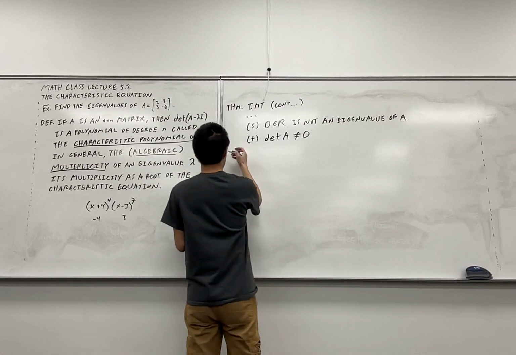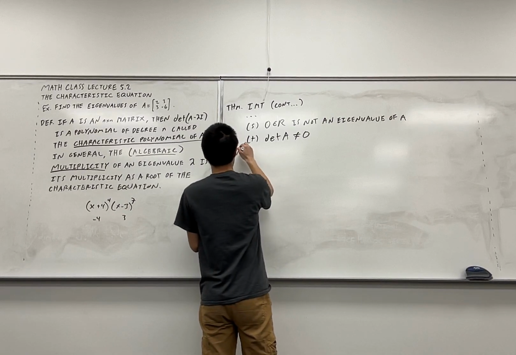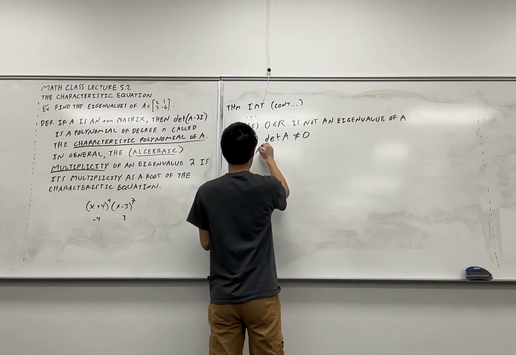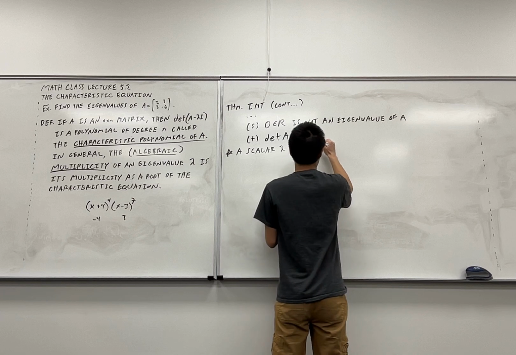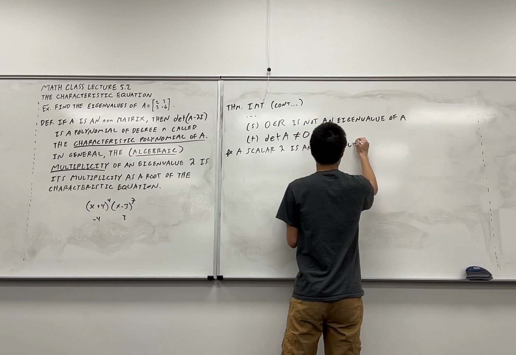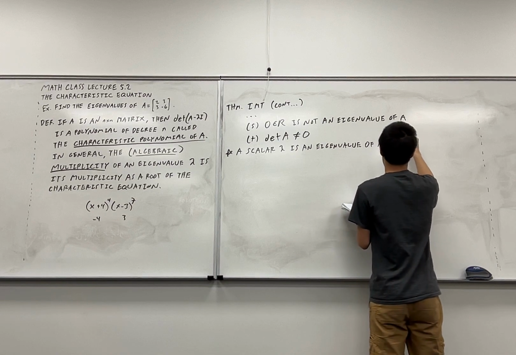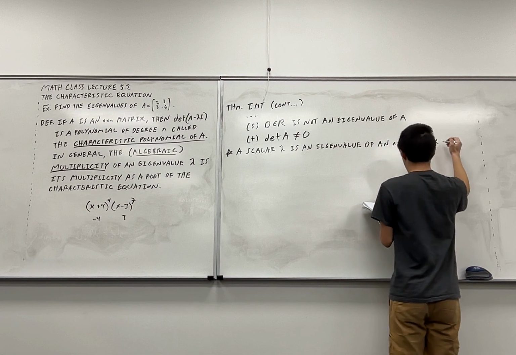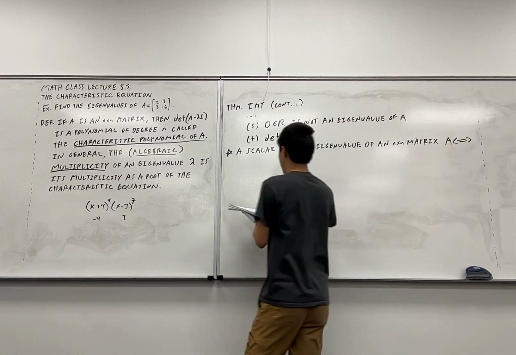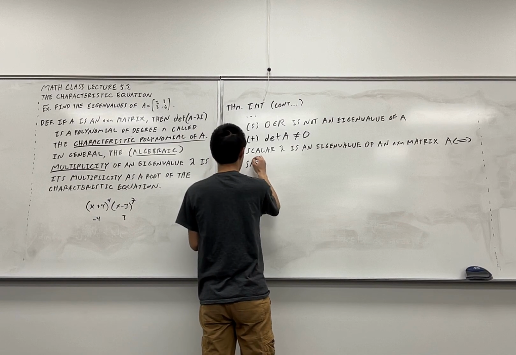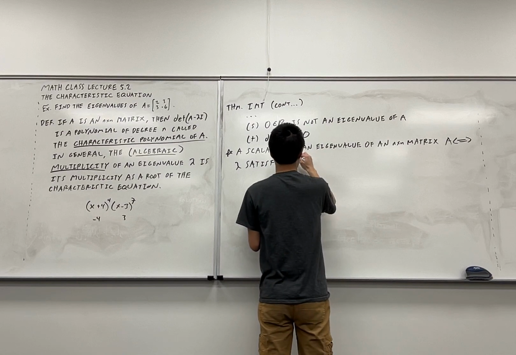I did want to leave a quick note here that's kind of helpful. In general, what it means to say that a scalar lambda is an eigenvalue of some n by n matrix A is logically equivalent to just saying that lambda satisfies the characteristic equation.